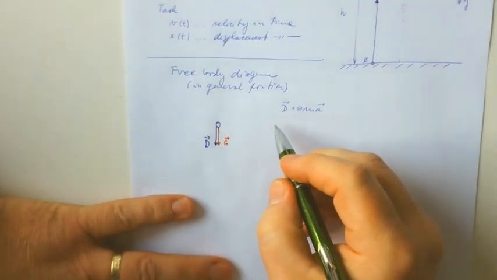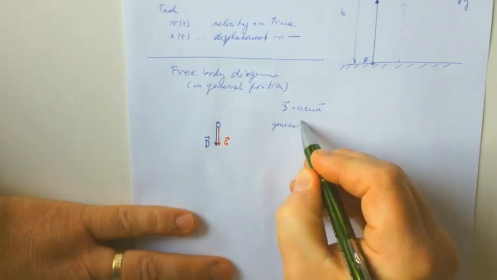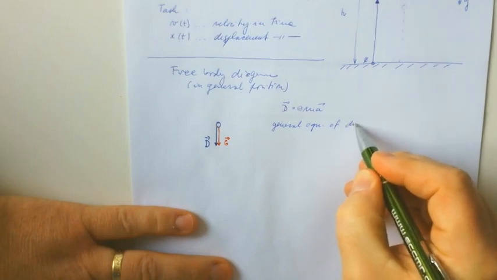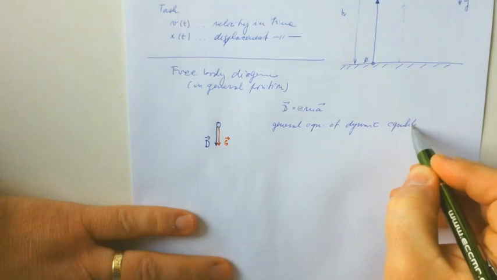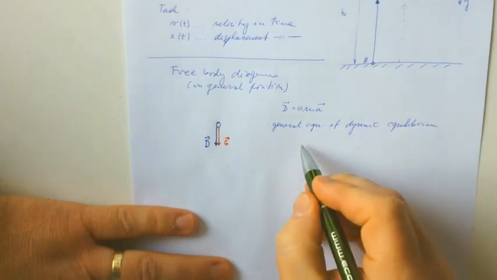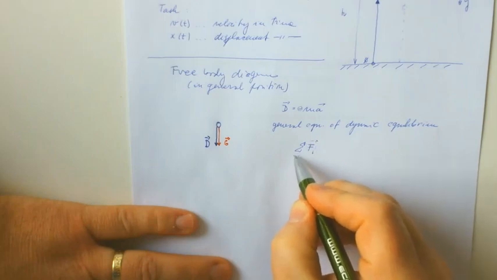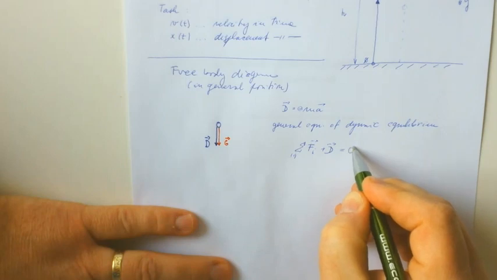So we can write, let's say, the general equation of dynamic equilibrium. We know that the sum of all forces plus the D'Alembert force is equal to 0.